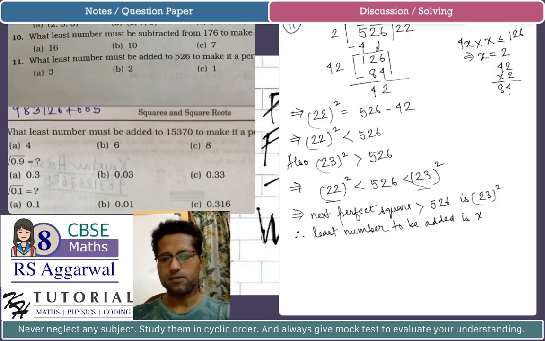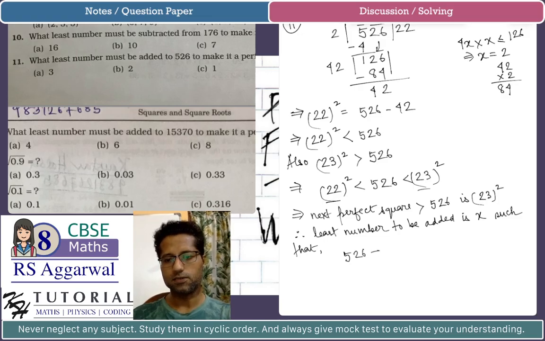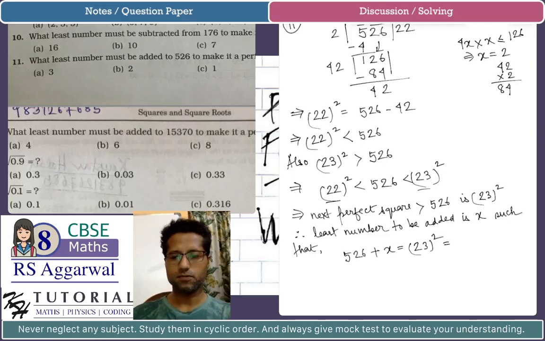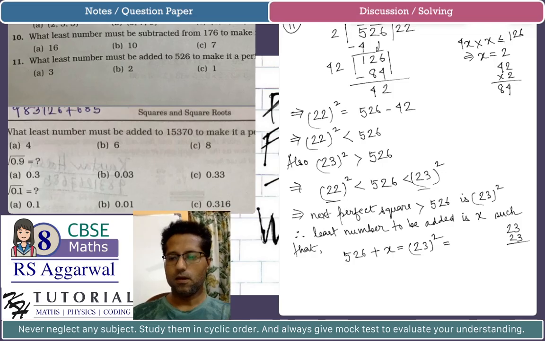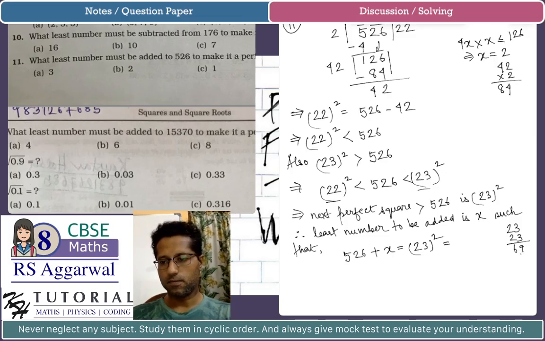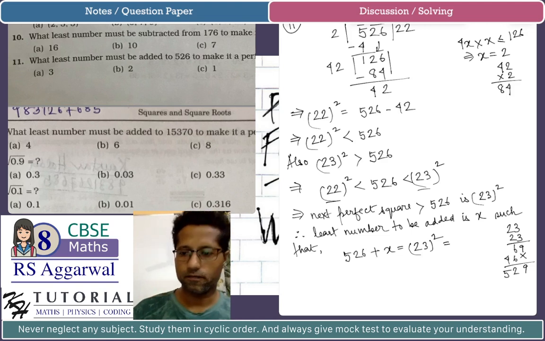If we assume that the least number to be added is x, then we will have 526 plus x equal to 23 whole square. Now 23 whole square is how much? 23 times 23 is 69 plus 460, that is 529.